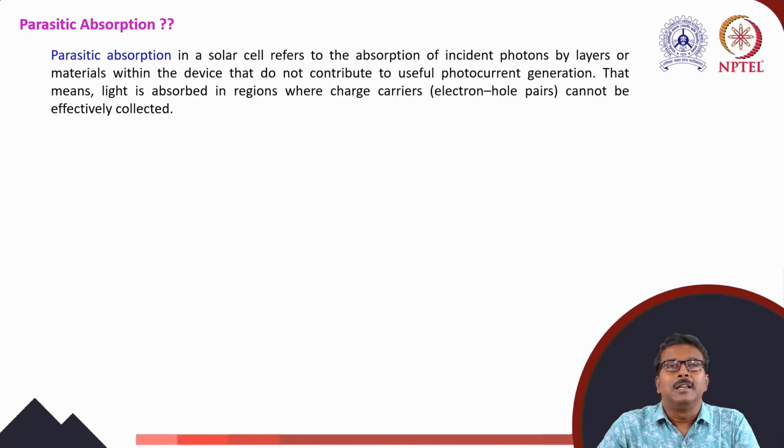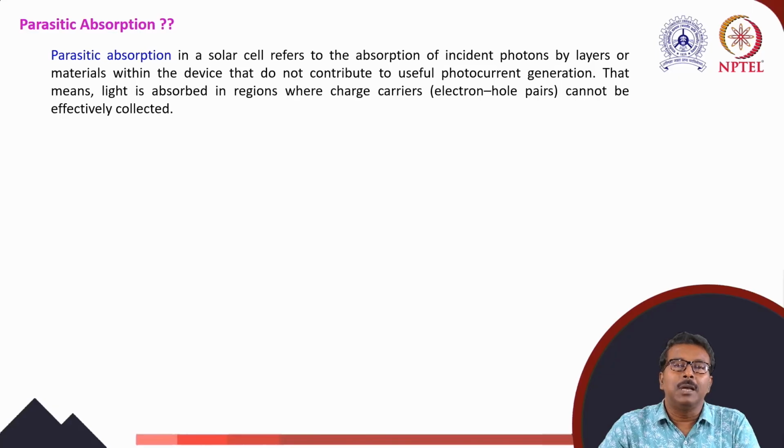That means the light is absorbed and carriers are generated, but these generated carriers cannot be separated or collected at the contacts. This is treated as a loss, because light energy is absorbed and carriers are generated, but they cannot contribute to the photocurrent. This loss is called parasitic loss or parasitic absorption loss.